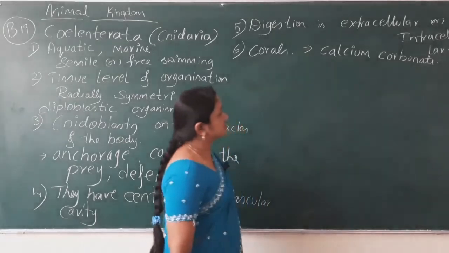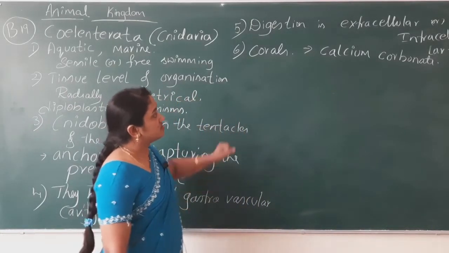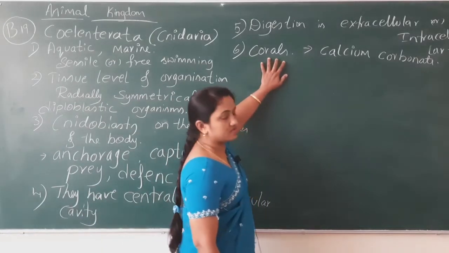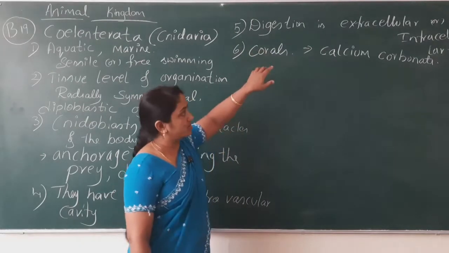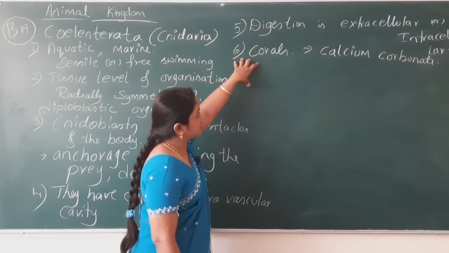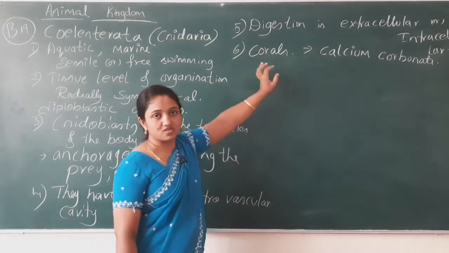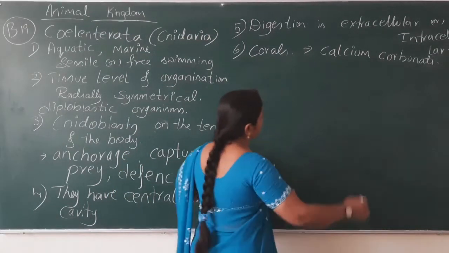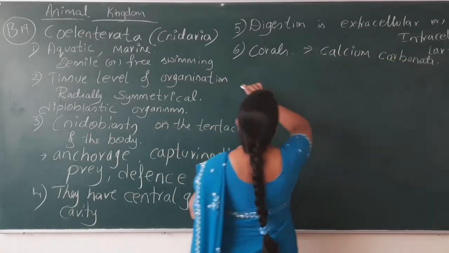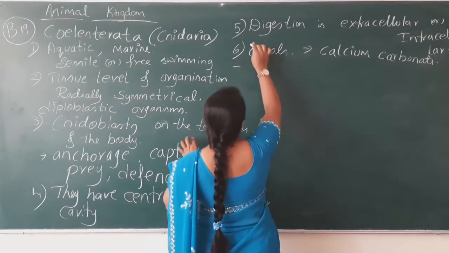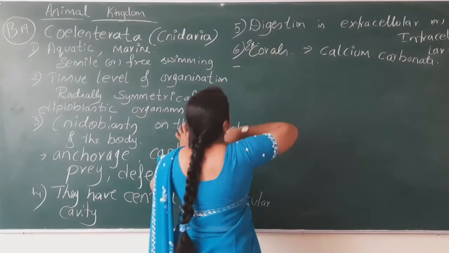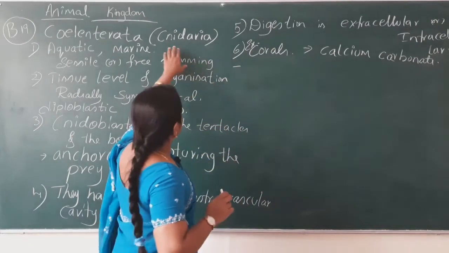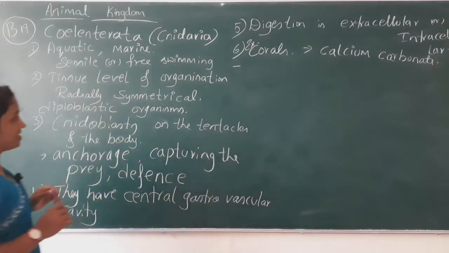Just mark this word because they used to ask it for 1 mark. What is the skeleton of corals made of? Your answer should be calcium carbonate. Coral is an example that comes under this phylum.